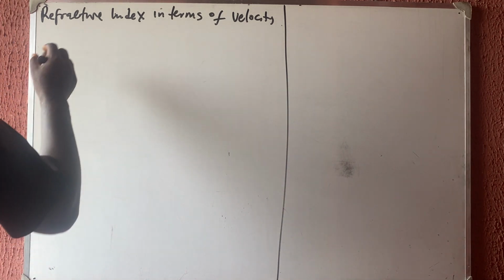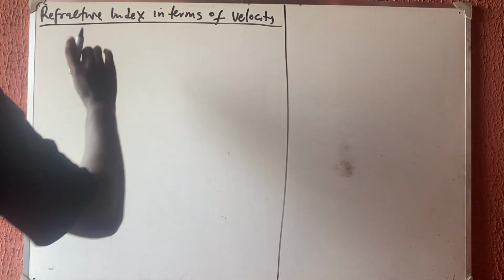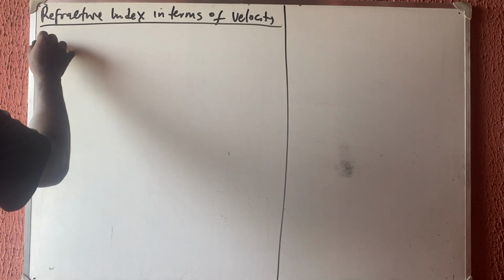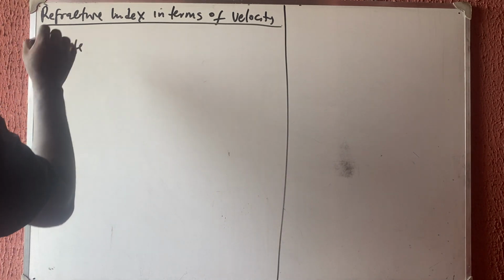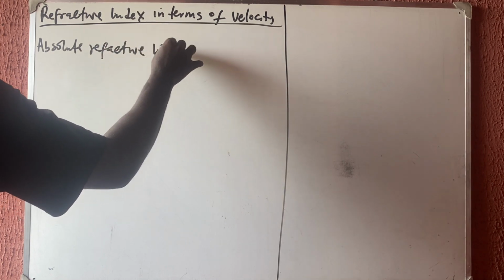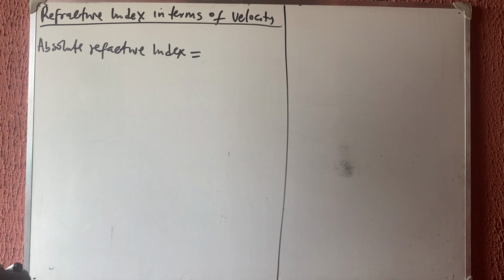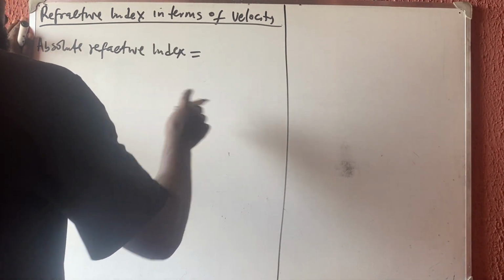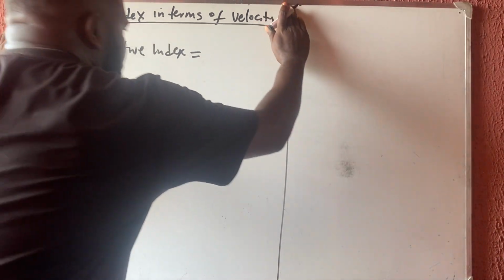You should know that absolute means one. The word absolute means one. So if they ask you absolute refractive index, let me just show you the formula.